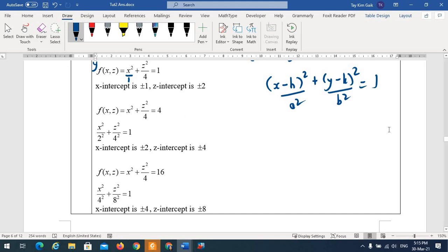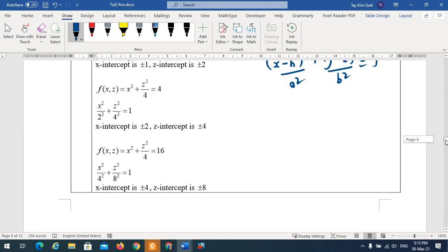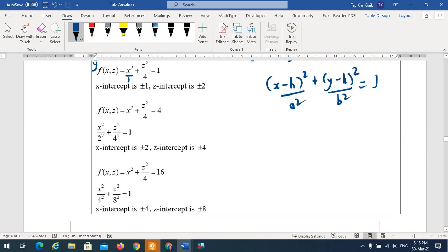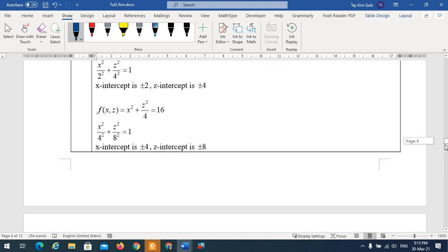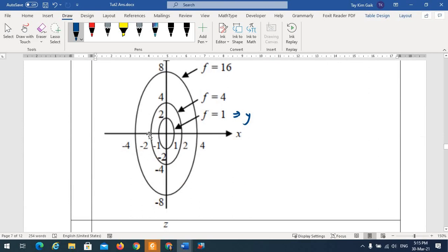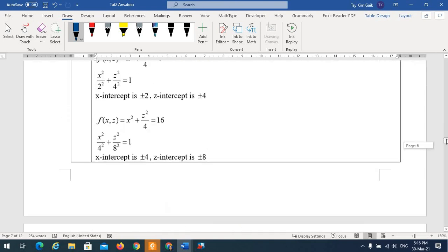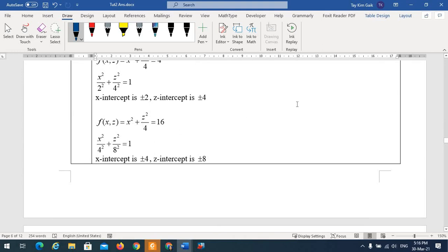So when f equals 4, you have a bigger ellipse. X-intercept negative 2, positive 2, z-intercept negative 4, positive 4. The middle ellipse is at f equal 4. Then later on f equal 16.